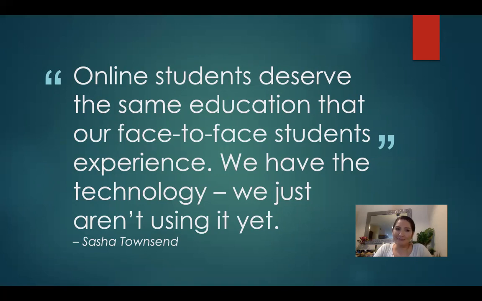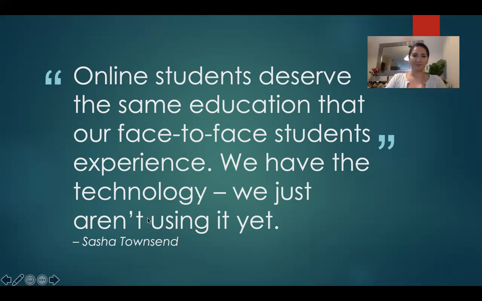We just haven't yet. We're not using the technology we have. We're not leveraging the technology we have the way we ought to in order to create that online learning experience that is truly comparable or if not better than what the students are getting face to face. We haven't done it yet, but there is no reason that we cannot do that in the future.